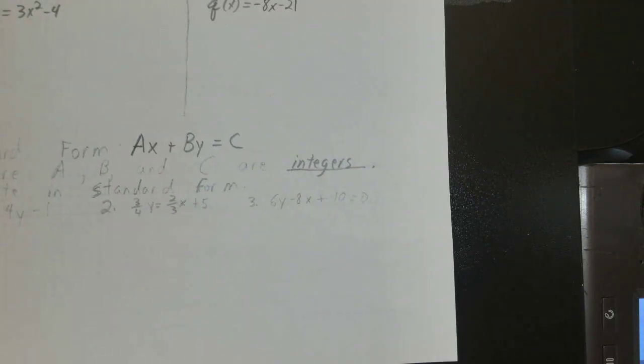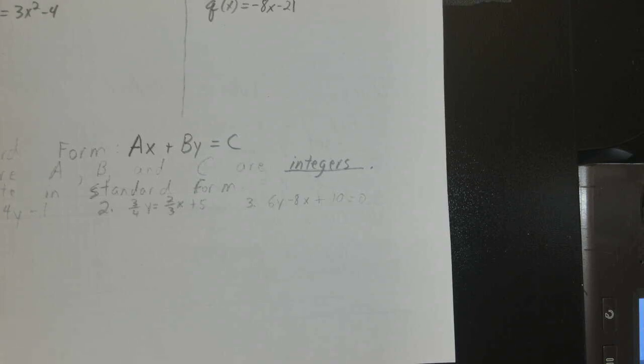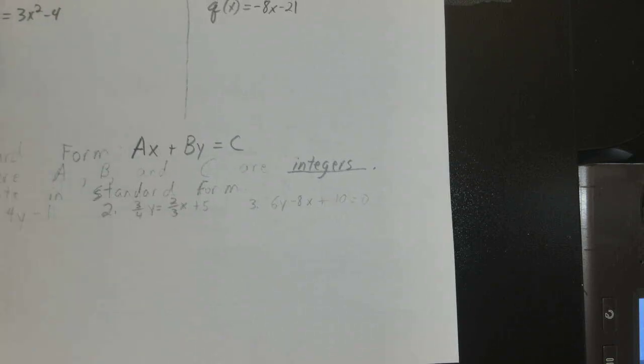Do integers have a decimal or fraction part? They don't. So we have ways of making sure that won't happen. So let's try looking at that with 1, 2, and 3 right now.